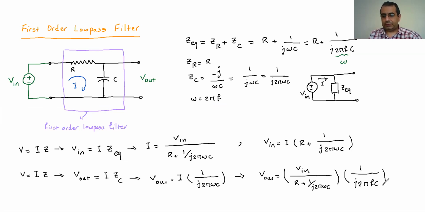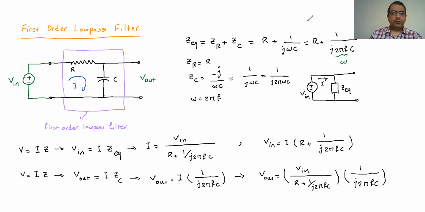So I have to change all this omega to F. So it's j 2 pi FC everywhere. So this is the input and this is the output that we have. Now go to the next page.